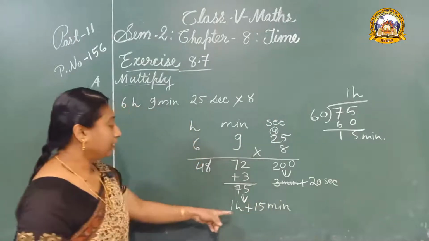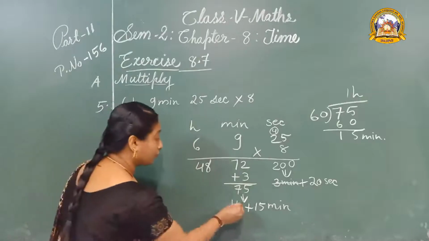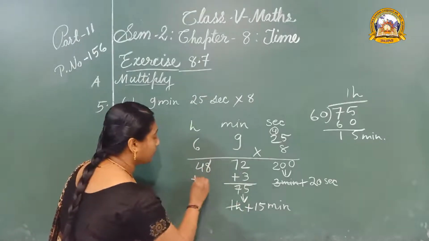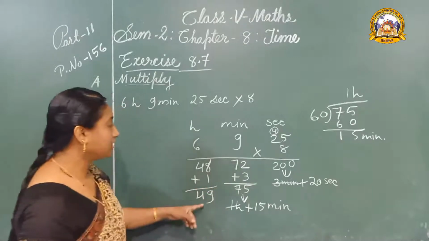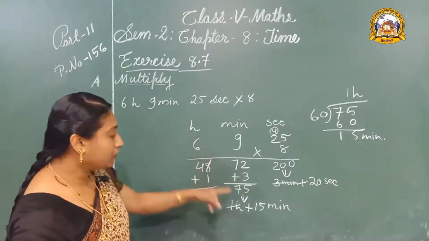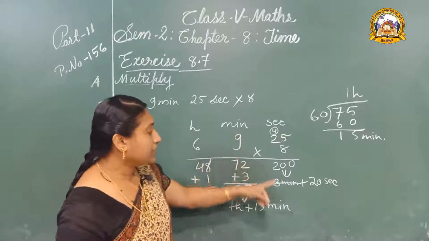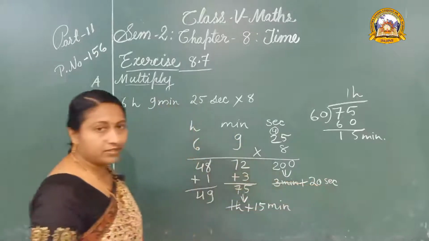So let us carry this 1 hour to the hours column. Plus 1, 49. What is the answer? 49 hours, 15 minutes and 20 seconds.